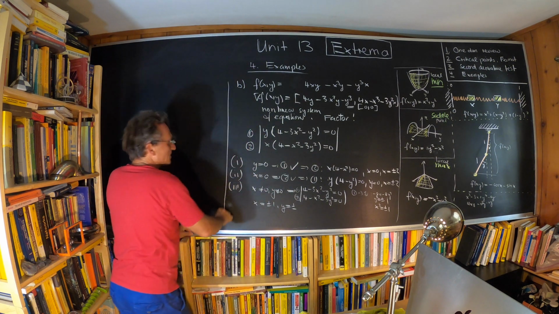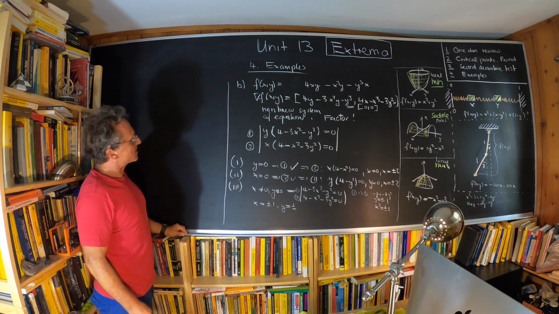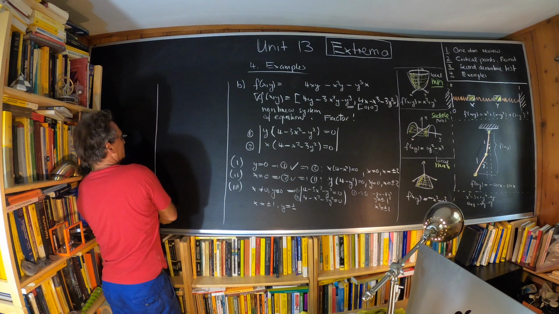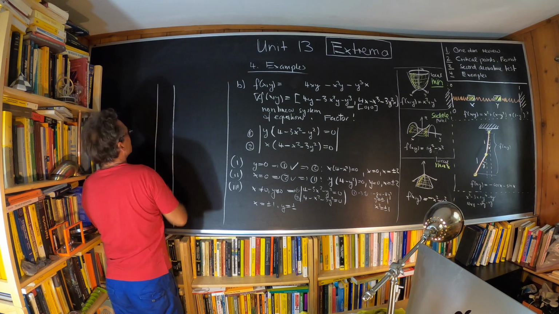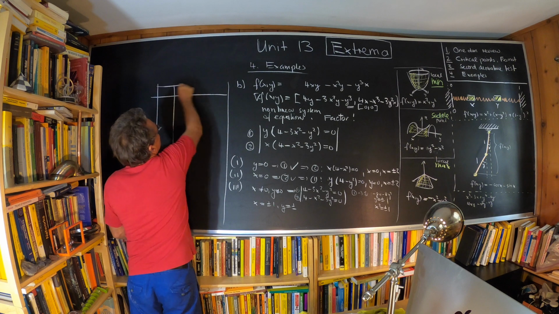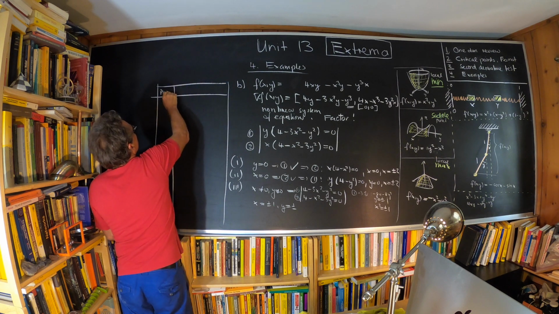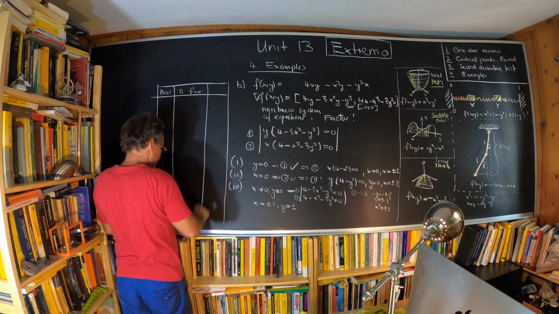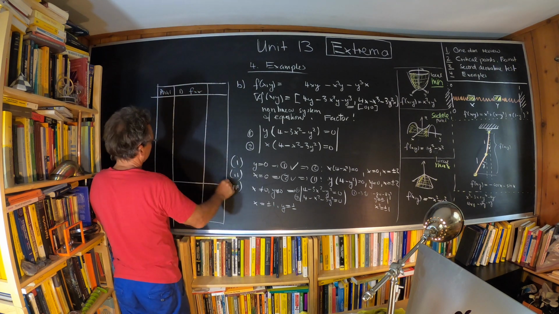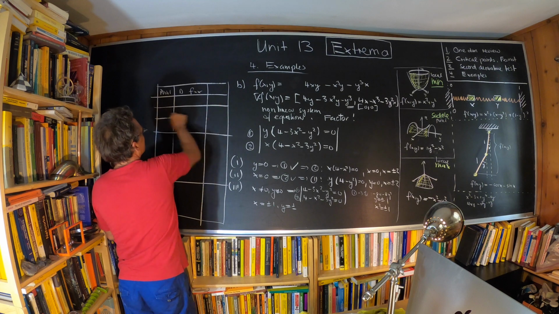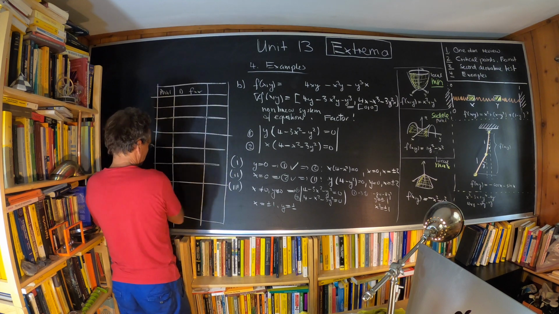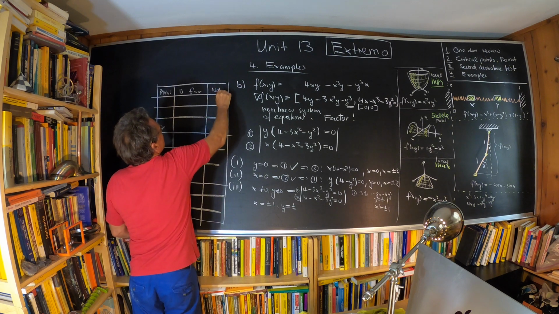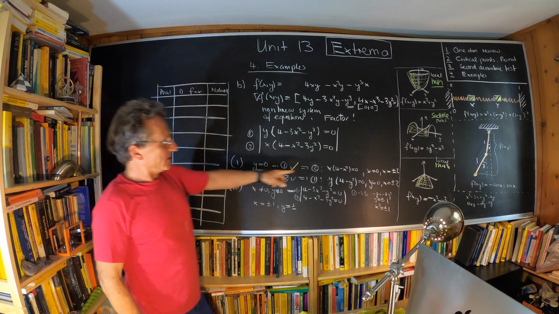1. So what we have now is 9 critical points. Let me just write them down. Then you have the d, you have the fxx, and then you have the nature of the critical point. So let's collect all the points.